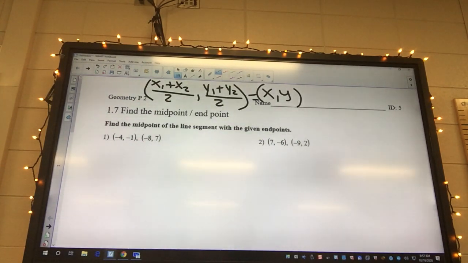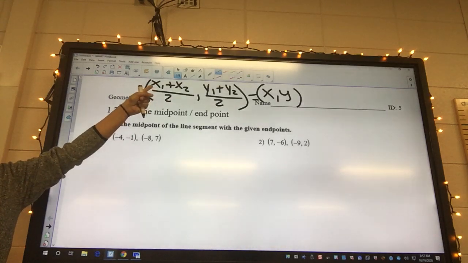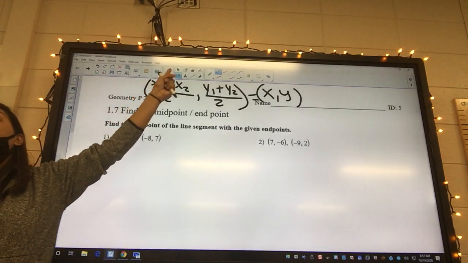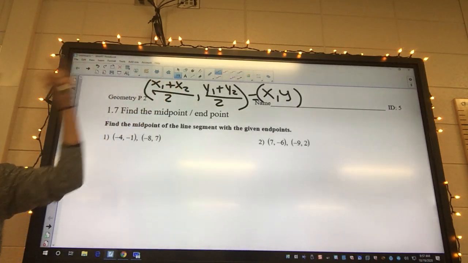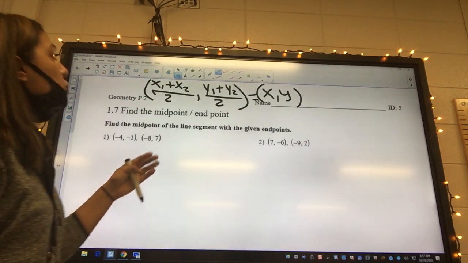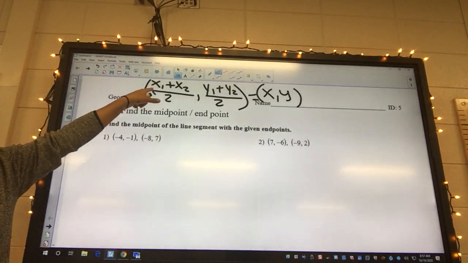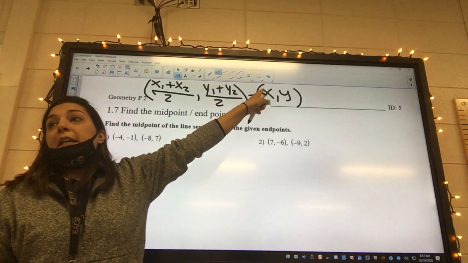What this is saying, and sometimes people forget to tell you guys, this really says x sub 1 plus x sub 2 over 2. You can just plug in your first x's and your first y's, and that's how you're going to do that. There is a difference between this x sub 1 and this just plain x.